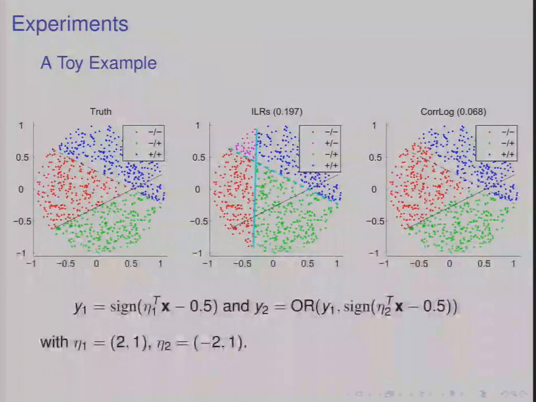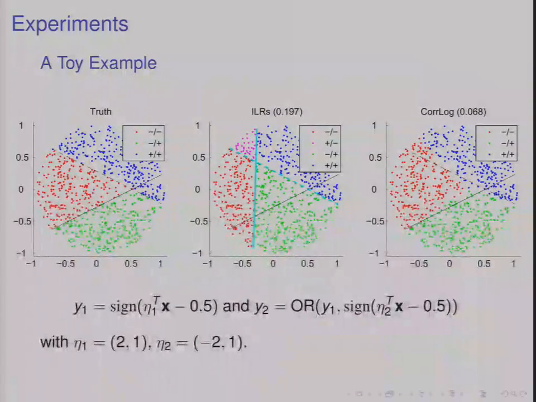Next, here is the example toy. In order to show the power of CorrLog for joint prediction, we design this kind of toy. Here is a two-dimensional space, and we sample the examples uniformly from the unit circle. We give each example two labels.